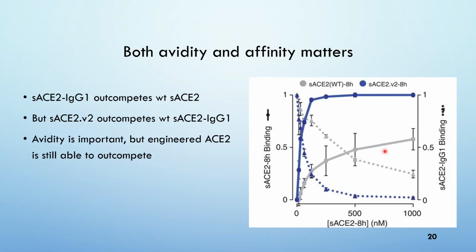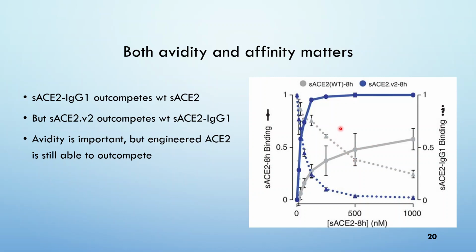So to further test this, they competed the engineered and wild type ACE2 against the IgG fusion with a wild type ACE2. And although the IgG fusion, shown here in gray dotted, is better than the wild type ACE2, the gray solid line, even it requires a large amount of wild type ACE2 to be added for it to outcompete this IgG1 fusion.